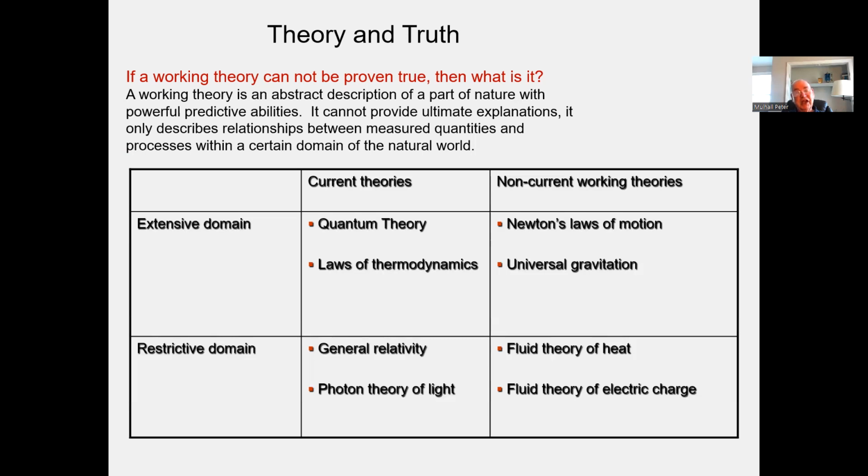These two theories are very much working theories, but they're not our best explanation anymore, theoretically. The classical mechanics of Newton has been overshadowed by quantum mechanics, and of course, the universal gravitation law, as we understand it, is now replaced by general relativity.